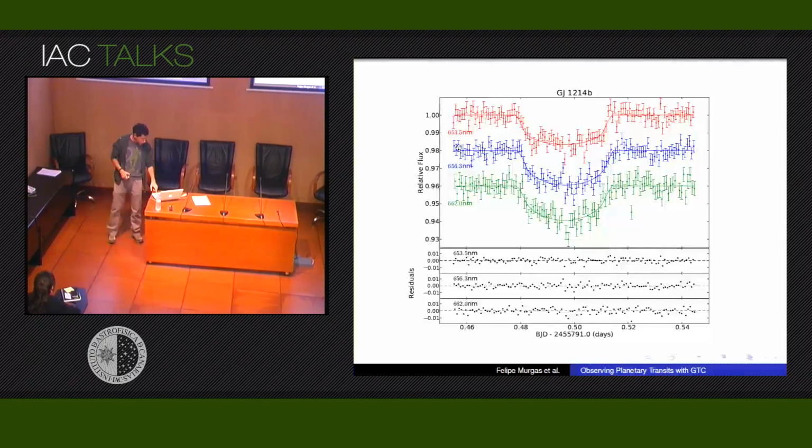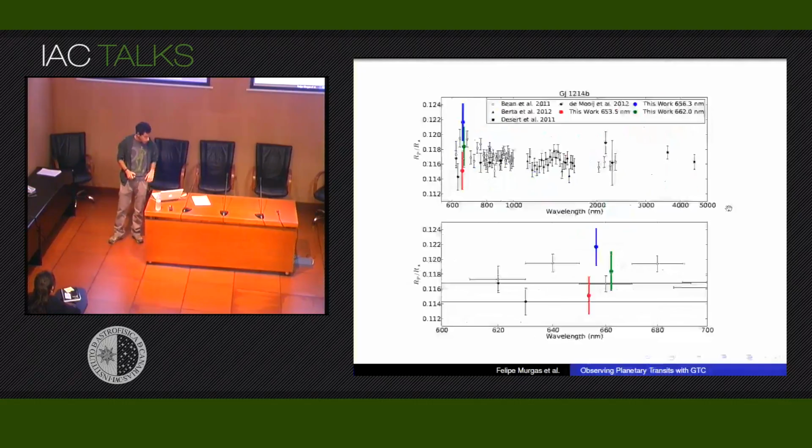So here's the transmission spectrum of GJ1214b that we obtained using the tunable filters, compared with previous works on this planet.